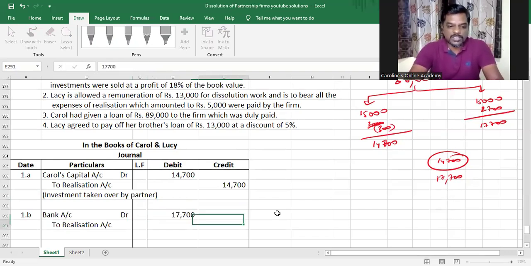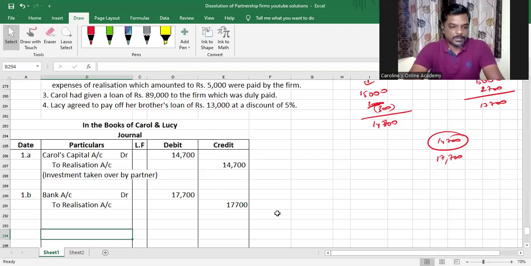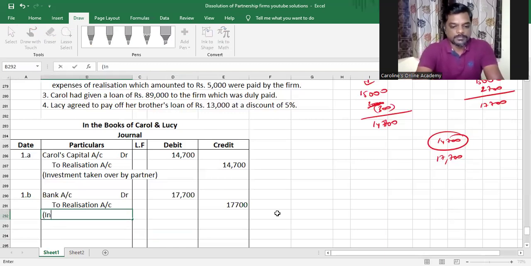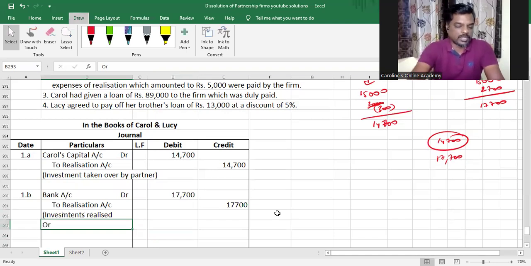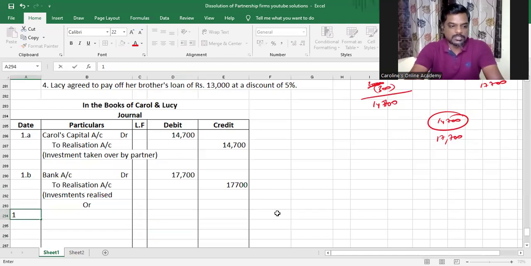You can also pass one single entry for this. Now, how would you pass that? Instead of these two entries, you can pass one entry also, and one entry is what, my dear children?